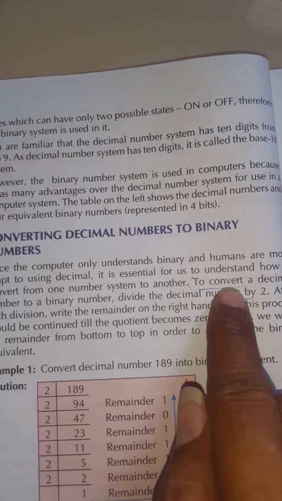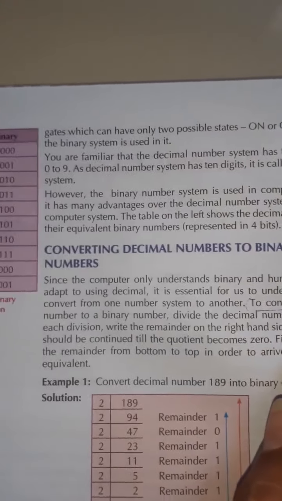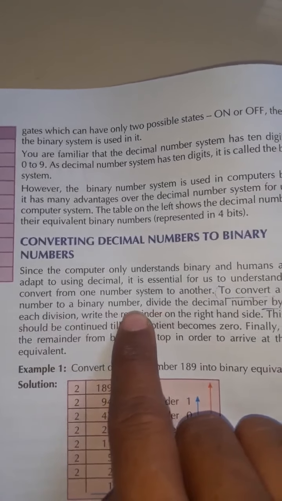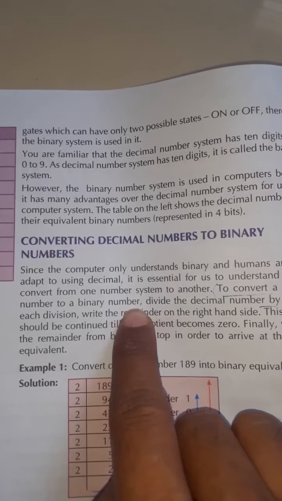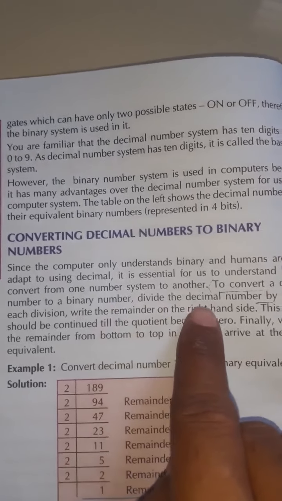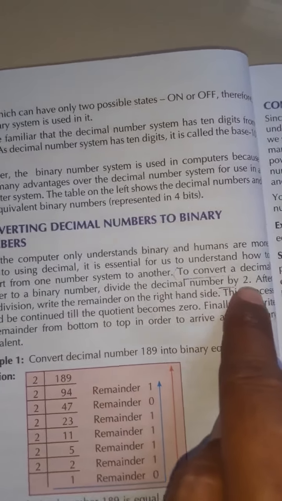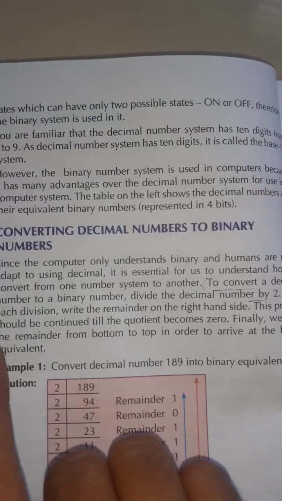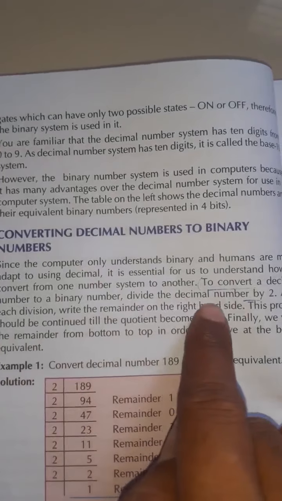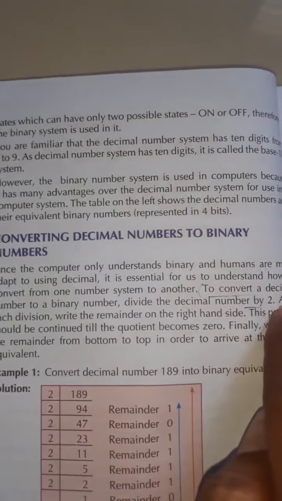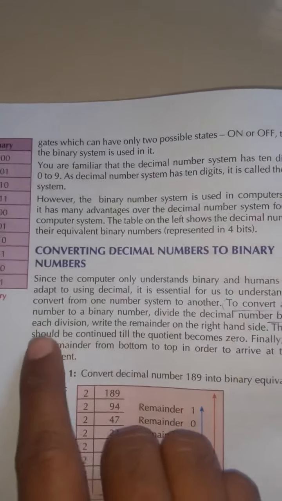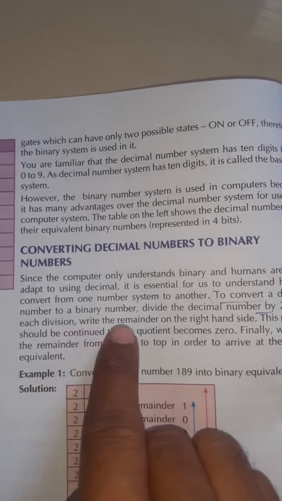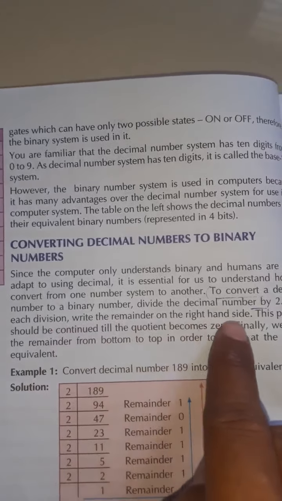To convert a decimal number to a binary number, divide the decimal number by 2. After each division, write the remainder on the right hand side.